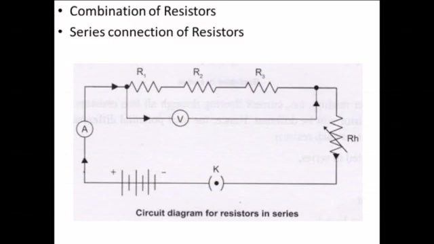Now according to Ohm's law, the voltage drop across R1 is V1 equal to IR1, across R2 is V2 equal to IR2, and across R3 is V3 equal to IR3.